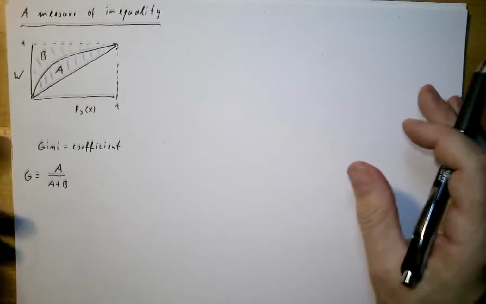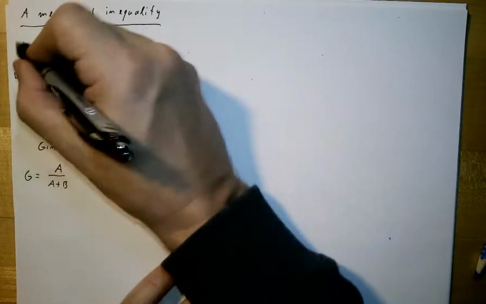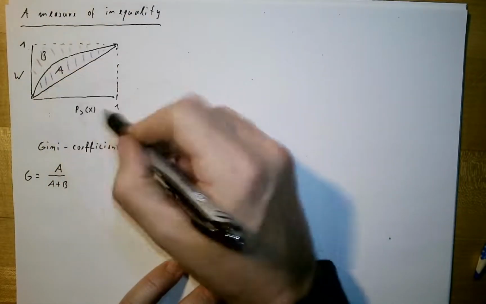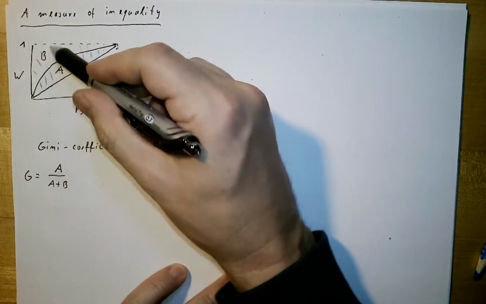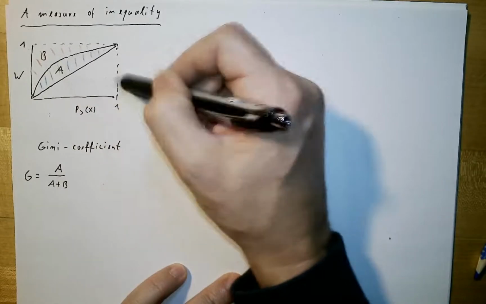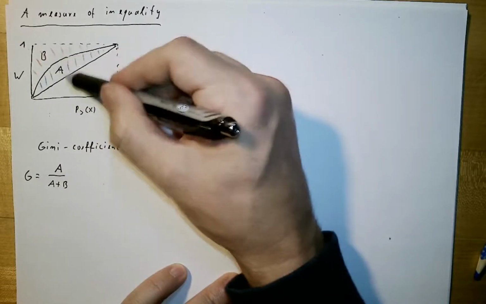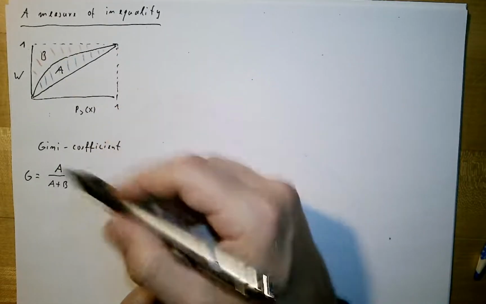Now, of course, since the Lorentz curve is in the square between 0 and 1, A plus B is just half of the area of the square. So A plus B is 1 over 2.